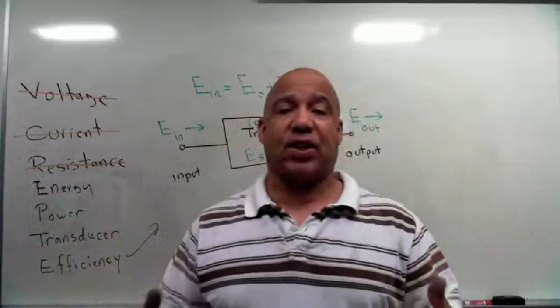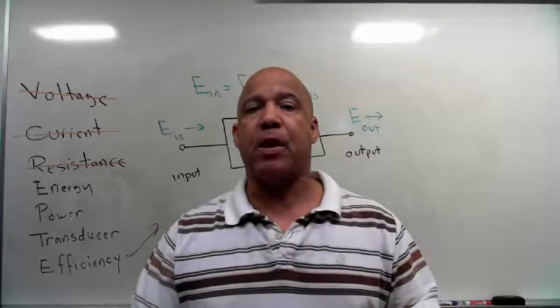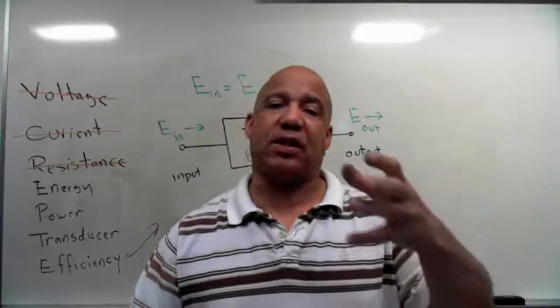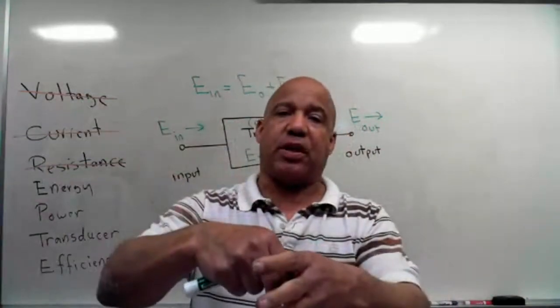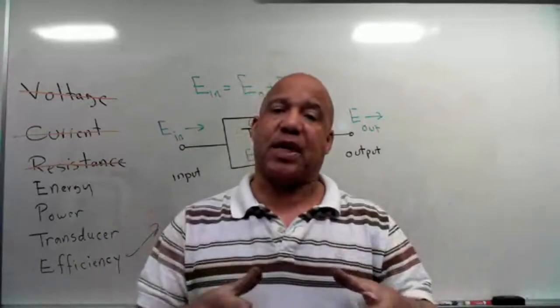Or if you have a transducer with a capacitor, now you probably don't know what a capacitor is, but you will. We'll talk about capacitors at the end of the semester. A capacitor is a little electrical device that will store charge, store electrical energy. Many devices have capacitors in them.